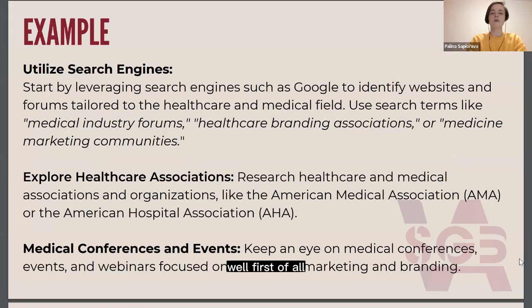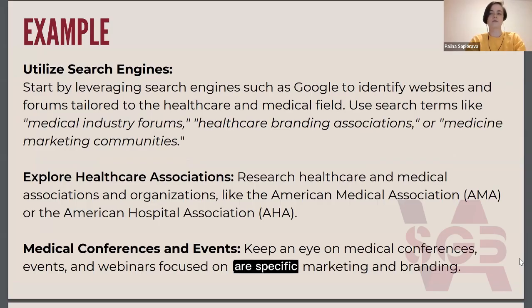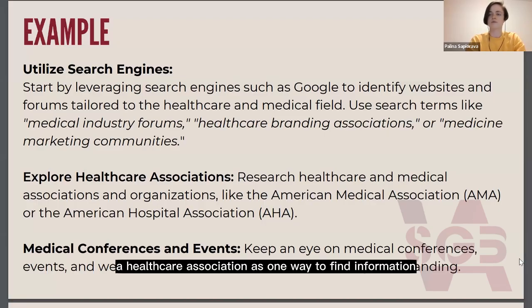Well, first of all, utilize search engines and use Google to identify websites and forums that are specific to the healthcare and medical field. You can use different terms like medical industry forums, healthcare branding associations, medicine marketing communities, and etc. Then you explore healthcare associations as one way to find information.